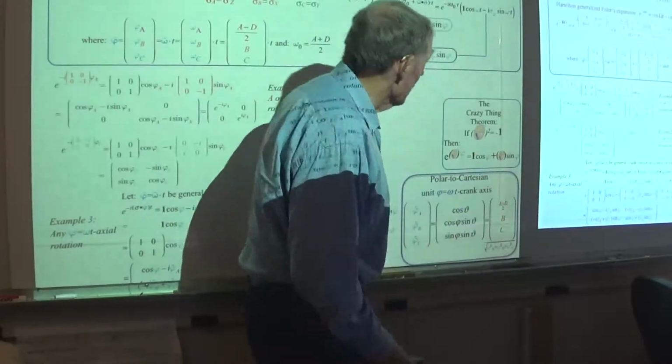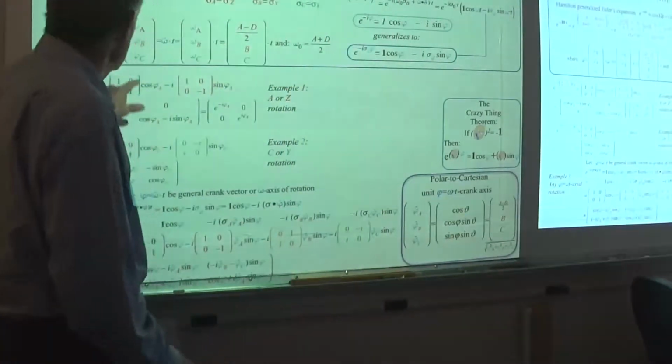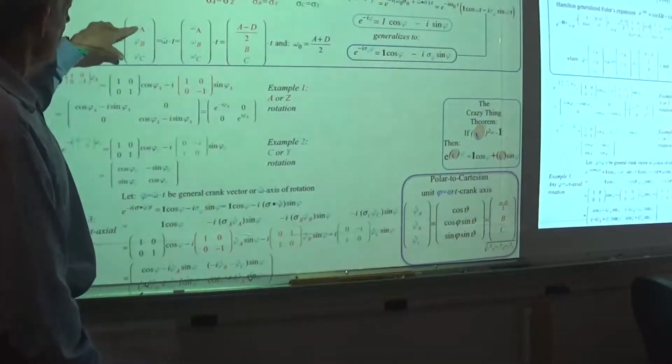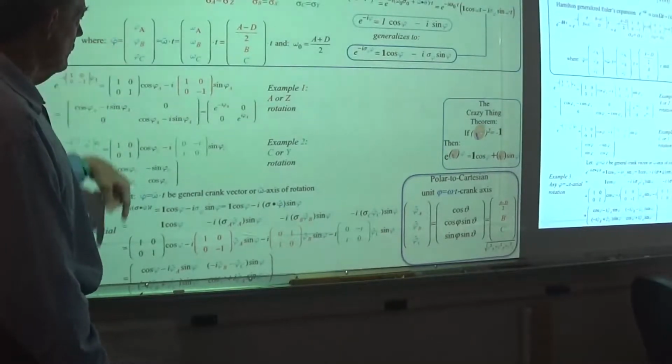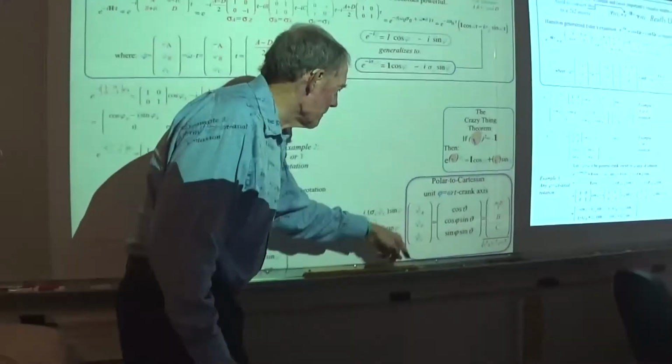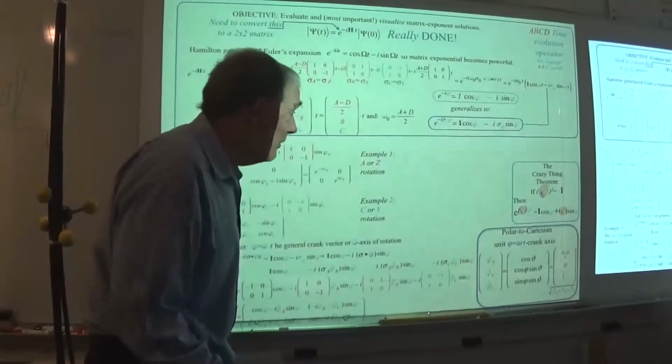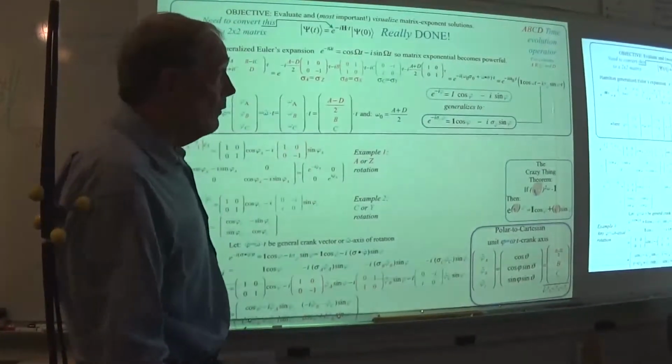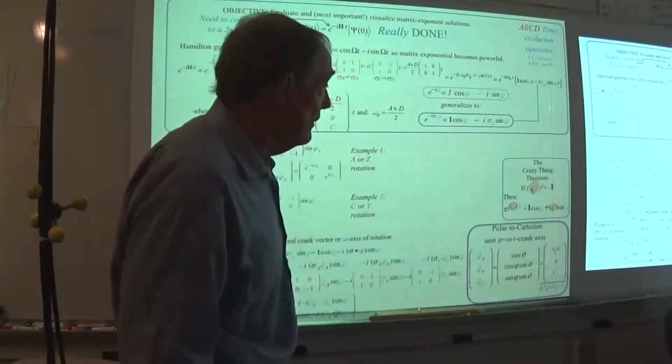Those are the actual components that are indicated. Here they are before they've been unitized, and here they are unitized. Okay. All right, so we've got all we need to do the mathematics that's coming.